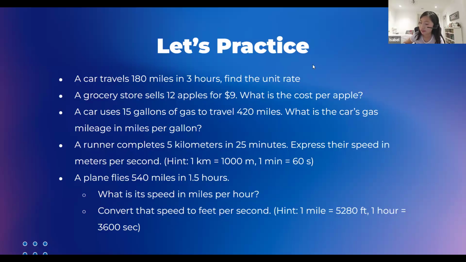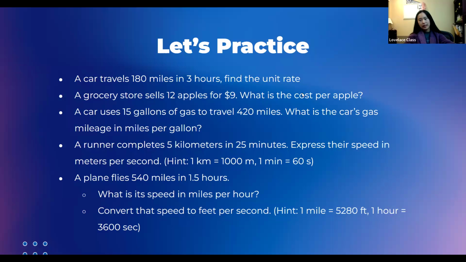Oh wait, there were 2 zeros at the end, so I just removed them, so it was basically 19,008 divided by 36, which is 528 feet per second.